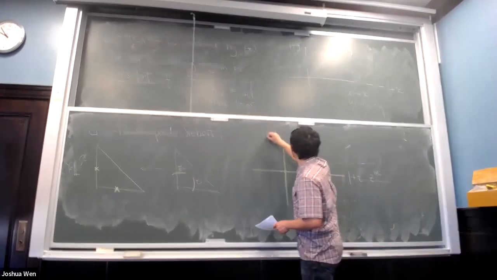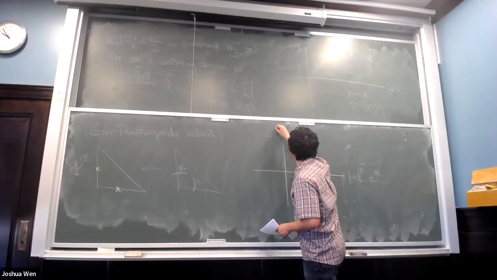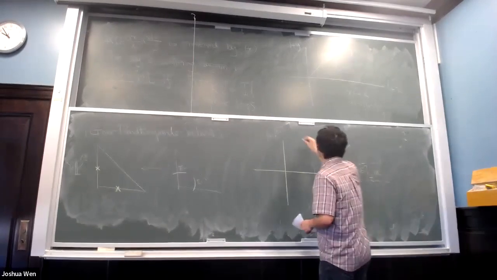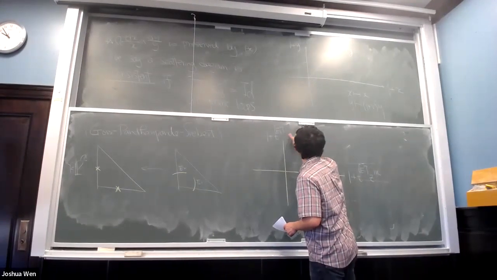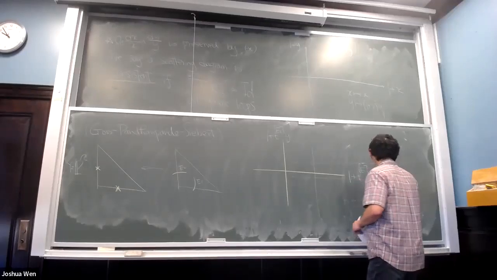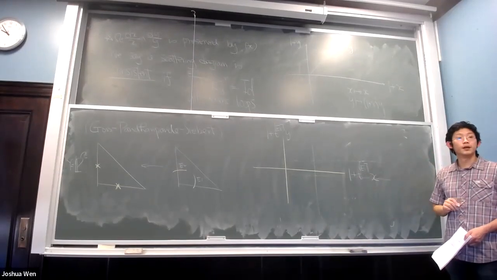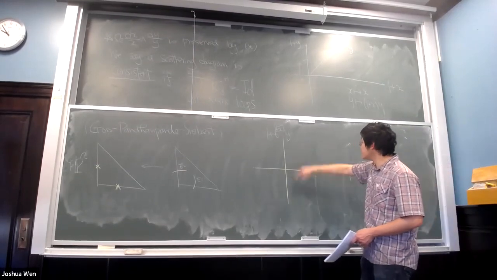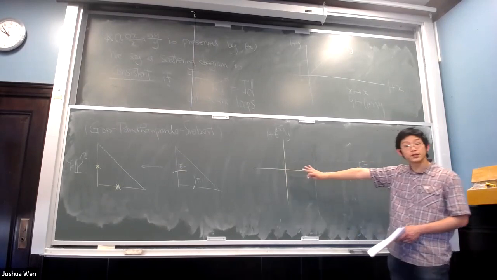Then I'm going to put 1 plus T to the power of E1 here, and 1 plus T to the power of E2 here. This is Y, this is X. And so you get a scattering diagram with only initial rays.